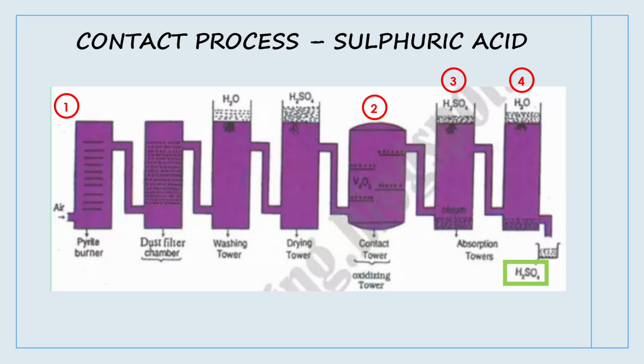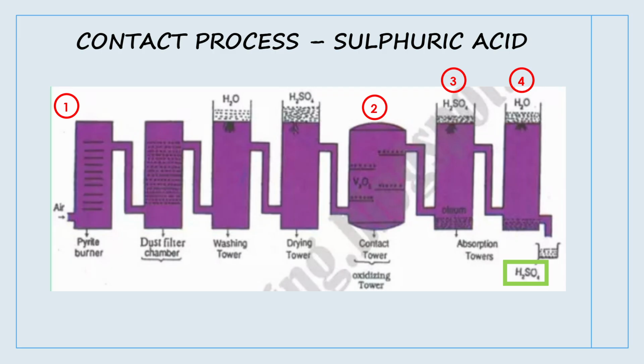Step 2, which is the conversion of sulfur dioxide into sulfur trioxide, takes place in the contact tower. The third step, absorption of sulfur trioxide in sulfuric acid, takes place in the absorption towers, and the dilution of oleum takes place in the last tower.